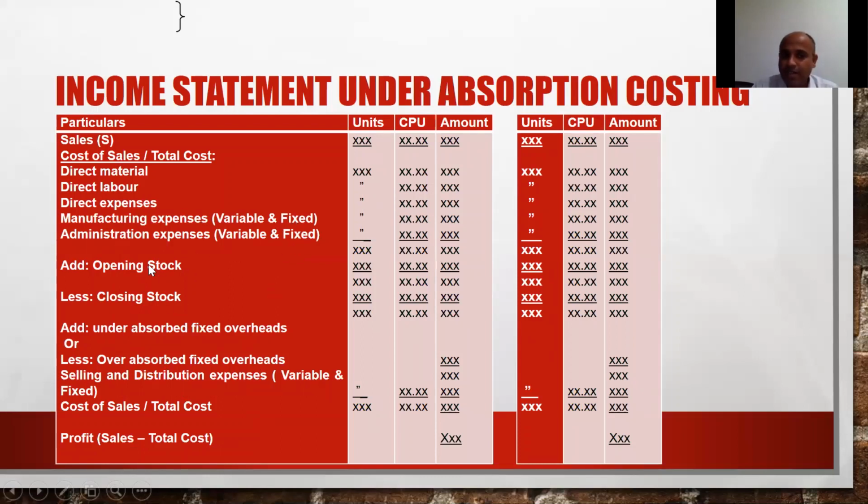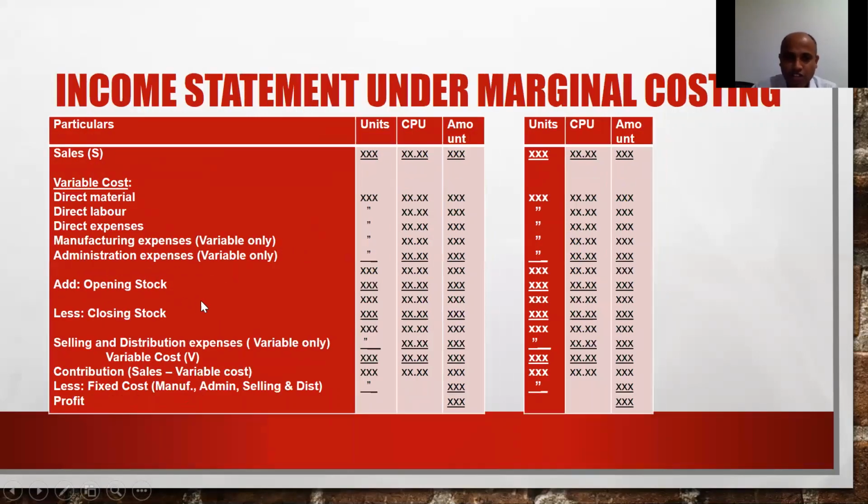That means it is considered for valuation of stock. But under marginal costing, you can see only variable costs are taken here. That means in stock valuation, we are considering only variable cost. That is why marginal costing is also called sometimes variable costing. Is this okay for all of you?